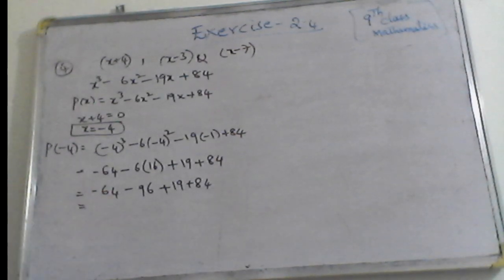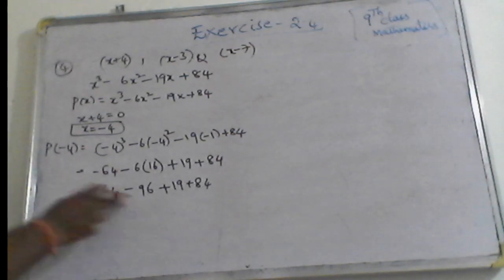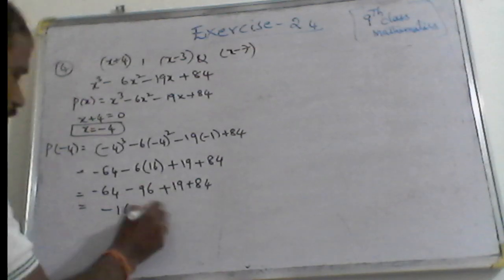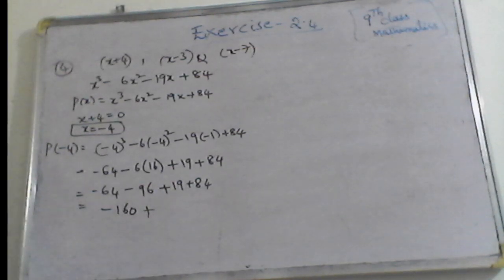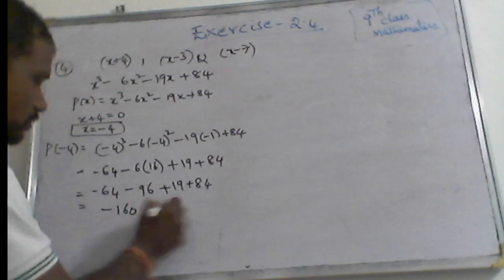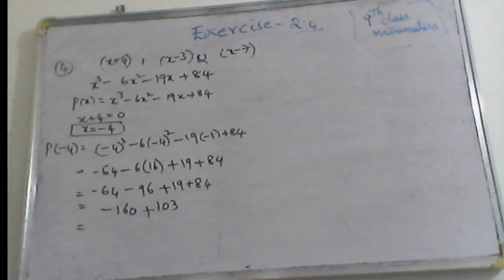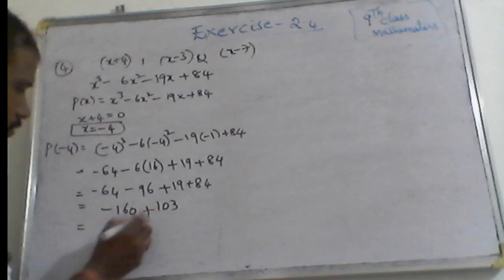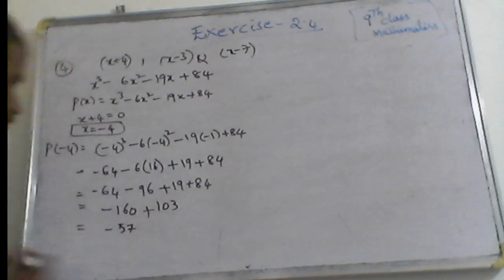So here minus 64 minus 96 is minus 160, plus 84 plus 19, that is 103. So minus 160 plus 103 is minus 57.